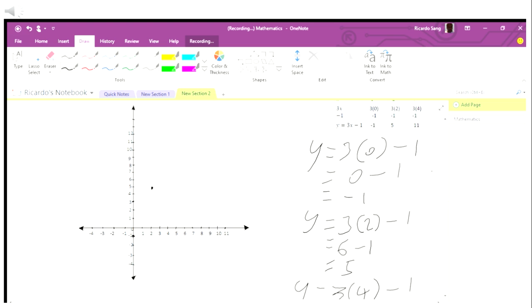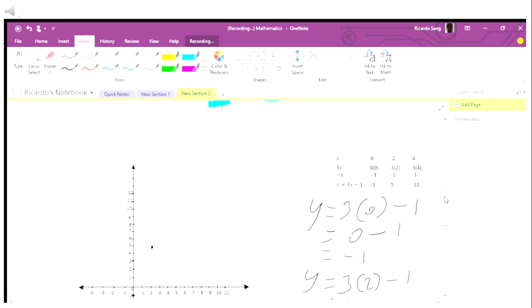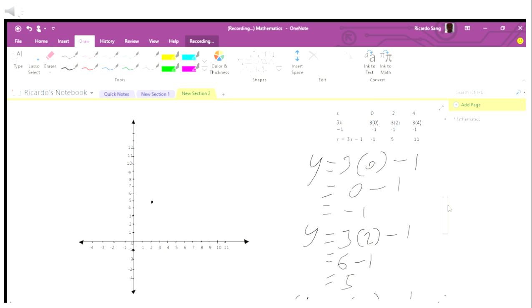Alright, so last point, when x is 4, y is 11. So let's look for that point. So 4 here and you go up to 11. This is the point here.